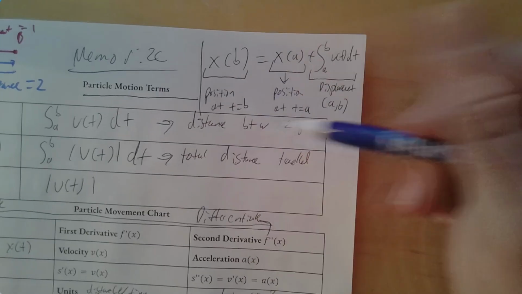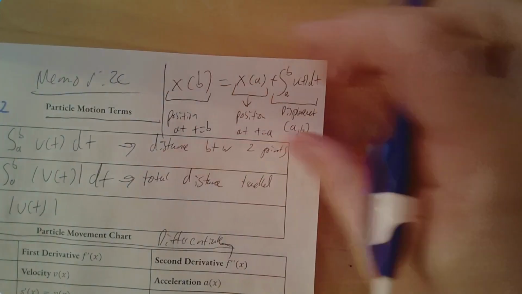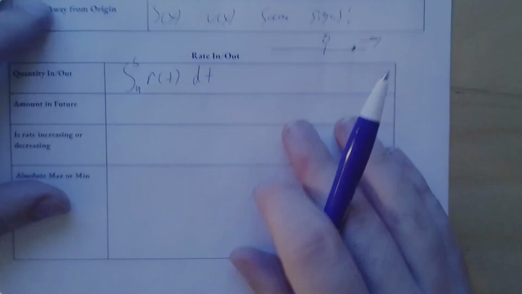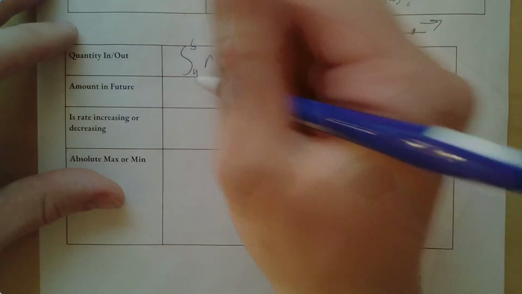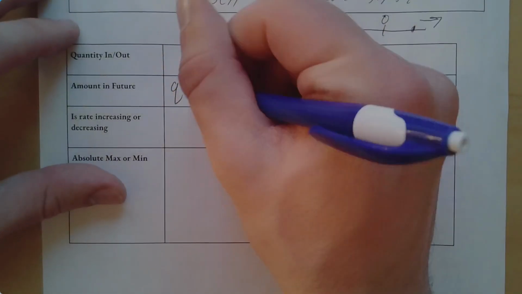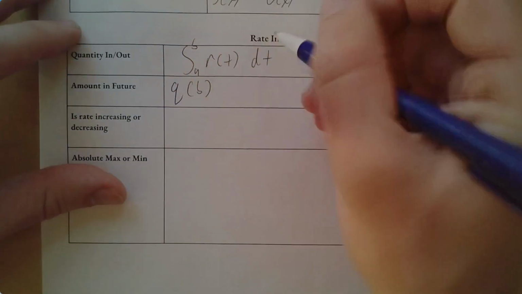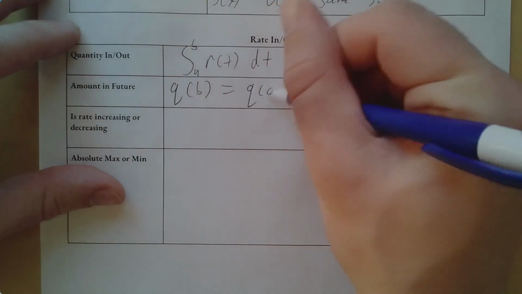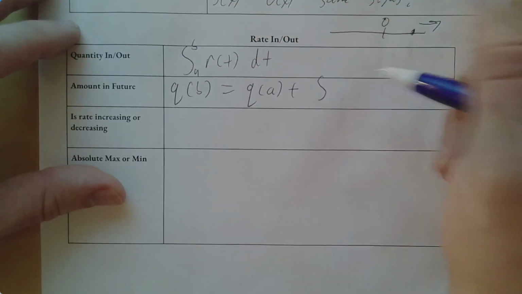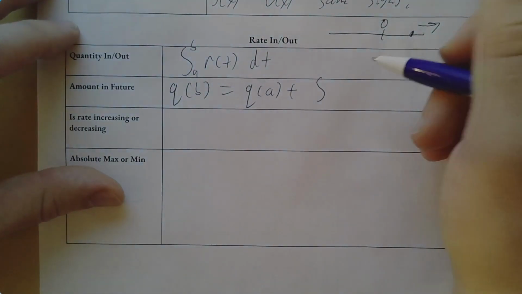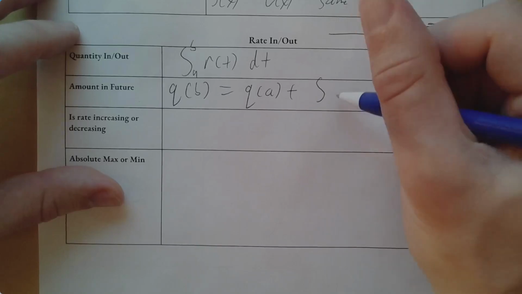But hopefully this is ringing a bit of a bell because this idea is the exact same as this right here, the amount in the future. If I want a quantity in the future, Q of B, it's the same as I need a quantity at A plus the integral of the difference. If there's a rate in and a rate out, you have to say that.